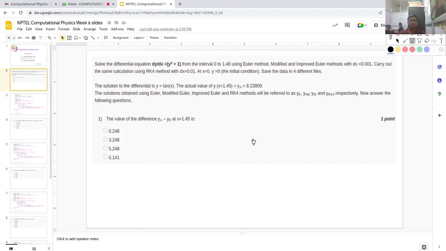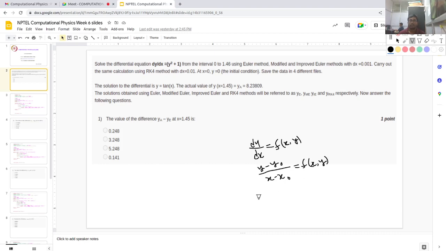So let's say you have dy/dx equals some function f of x, y. So we can write y minus y naught, where y naught is the reference point, and x minus x naught, equals to f(x, y).